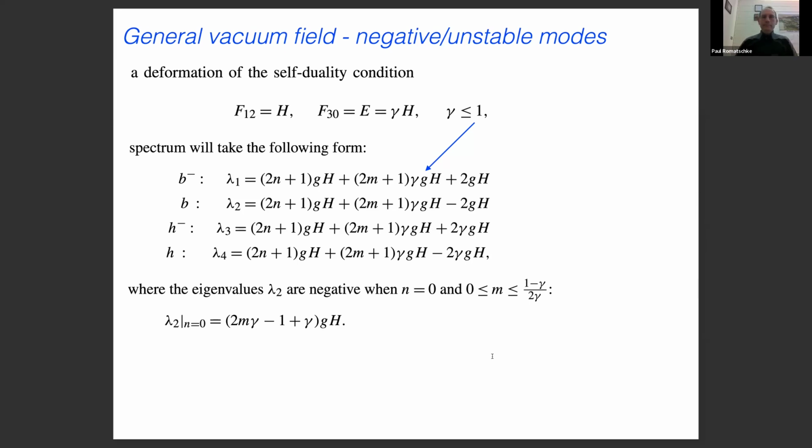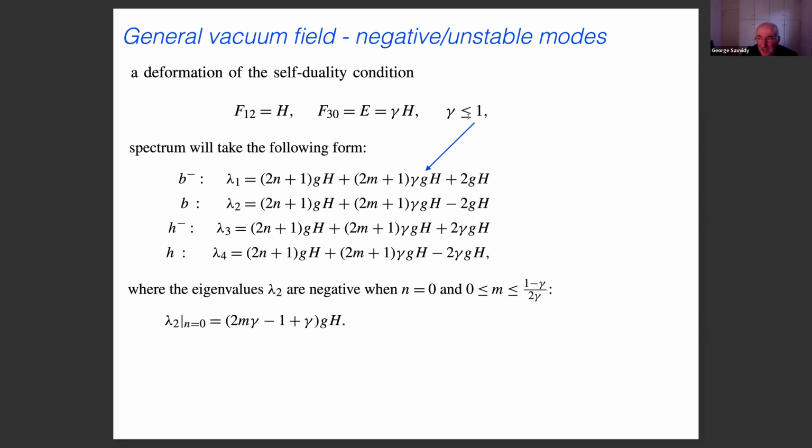So the question is, what happens if I disturb the self-duality condition? The self-duality condition was that h is equal to E, right? So I will now take gamma times h, which means that when gamma is equal to 1, that will be the self-dual point.